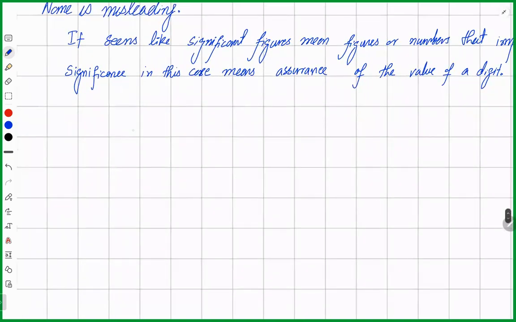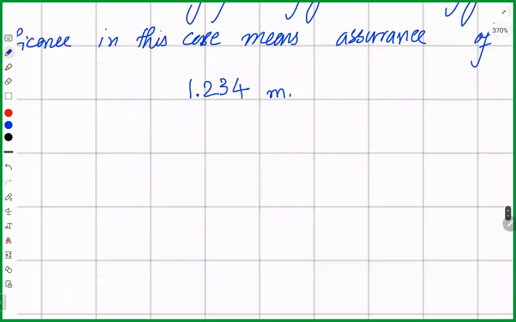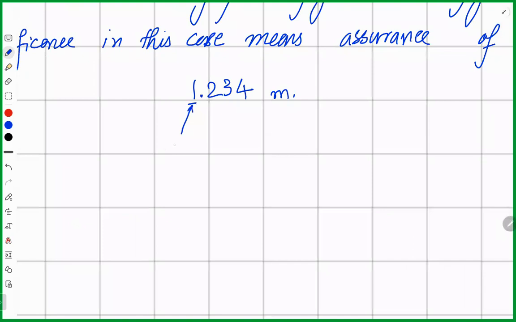For example, if somebody measures the length of a table, which is 1.234 meters, I hope you will agree with me that he will be 100% sure that this number is confirmed.